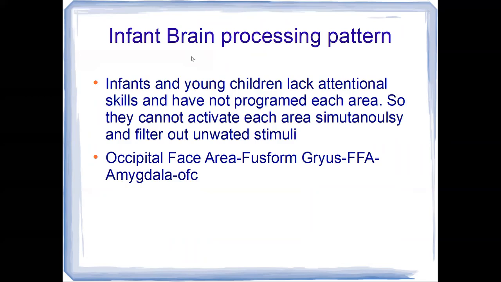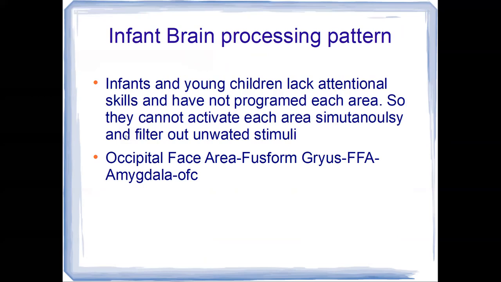A lot of what they attend to is based on reflexive behaviors that help lay down the basic foundations to process stuff. And so because they haven't programmed each area simultaneously, they have to process one aspect of a task and then associate that one aspect with another aspect, and program each area in sequence on down the line.